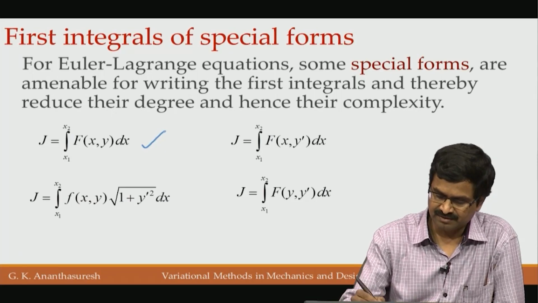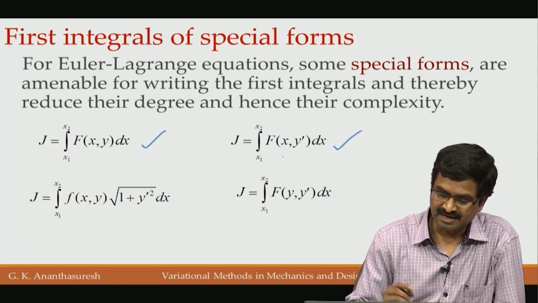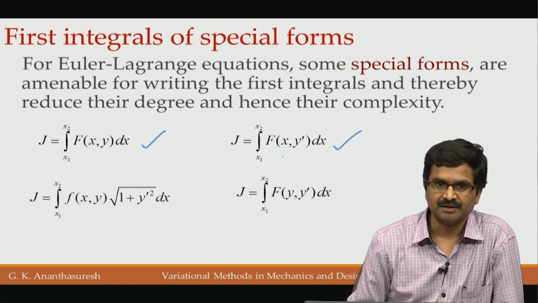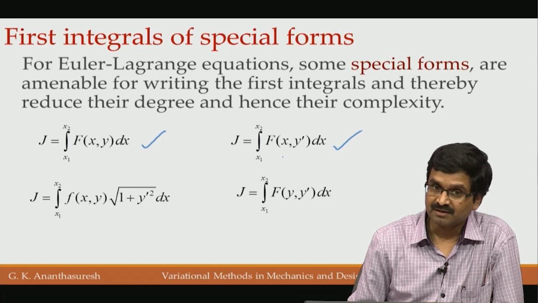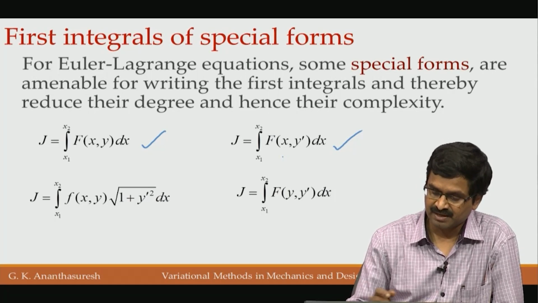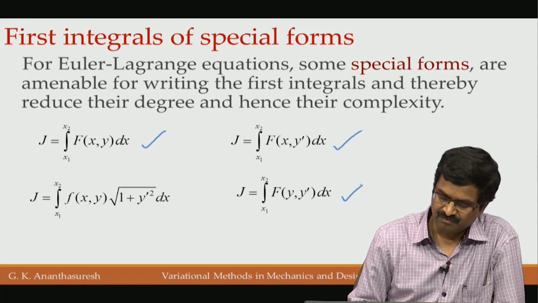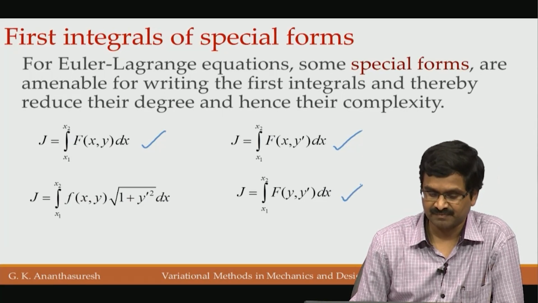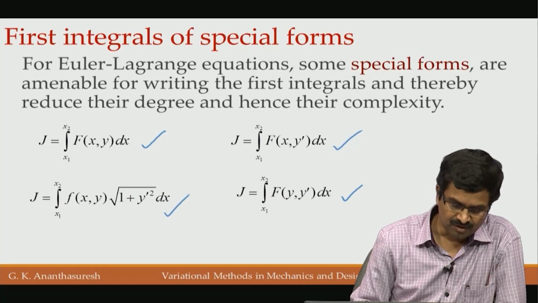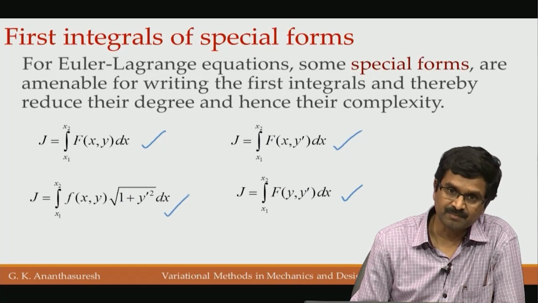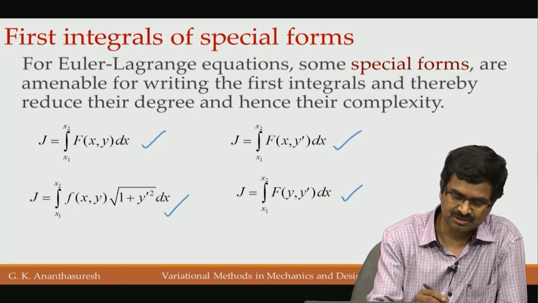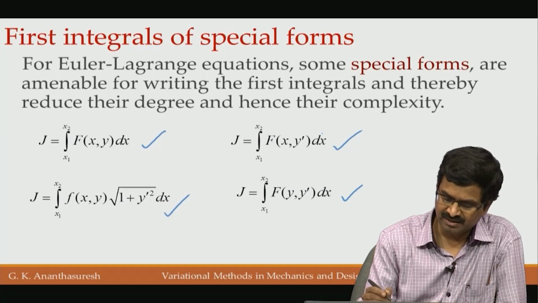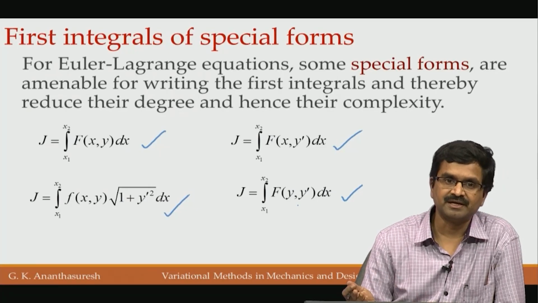There is another one which depends on x and y prime only, there is no y. There is this third one where we have y and y prime, no x. Okay. The fourth form which has x, y and y prime, all three. Okay. This is no y prime, no y, no x. Okay. Those are the three things.